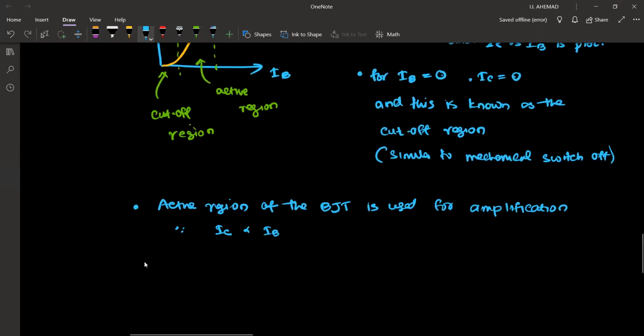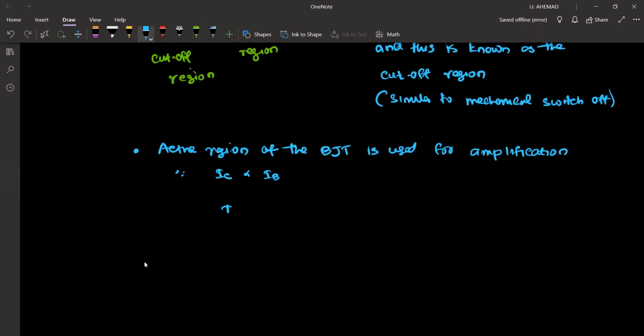Or we can write that IC is equal to beta times IB. Can you remember beta? That's the current gain.